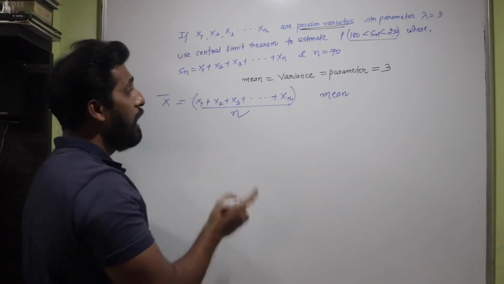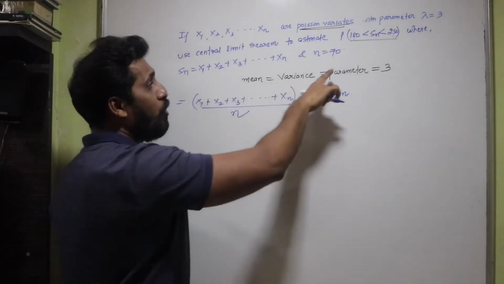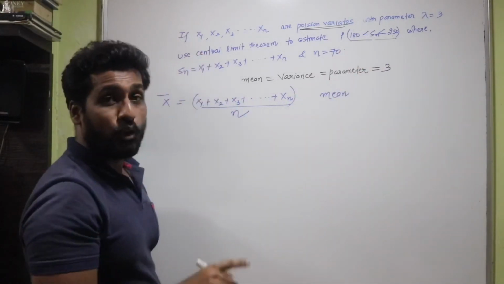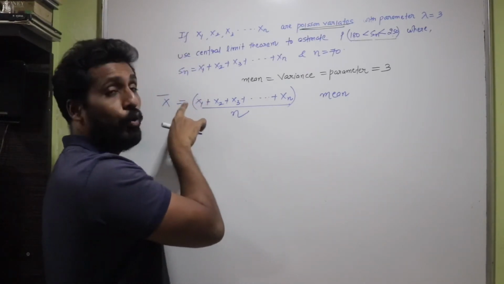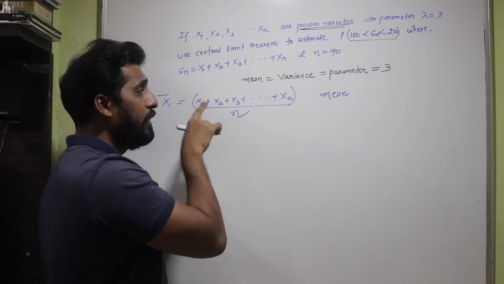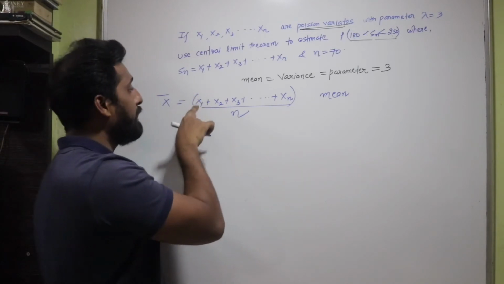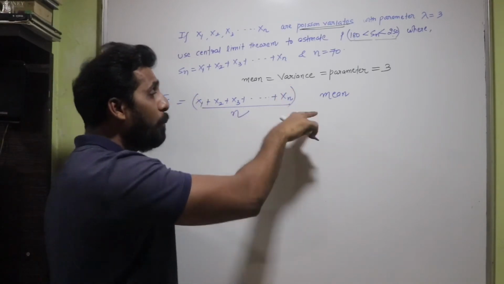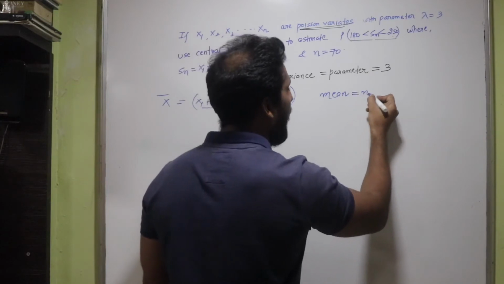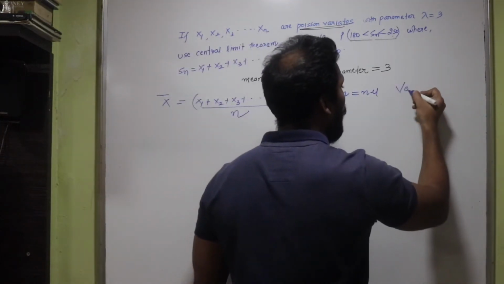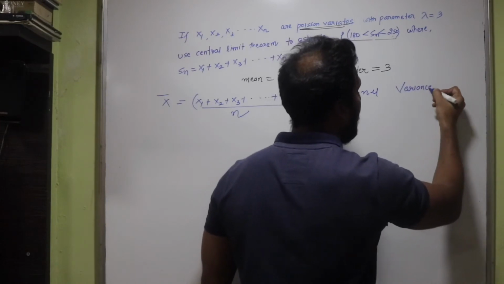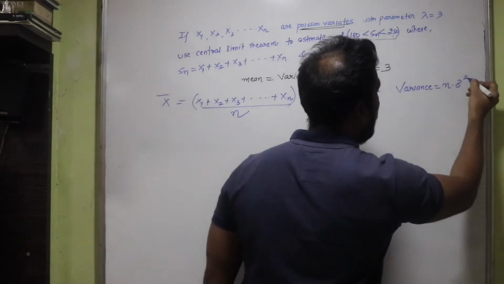This becomes our new variant, a normal variant, and for the given question the normal variant is denoted by Sn. So x bar is like Sn for us. Whenever you get the Lindeberg-Levy theorem, x bar is given as x1 plus x2 plus x3 up to xn, then the mean is given by n mu, and the variance, if you recall, is given by n into sigma square.